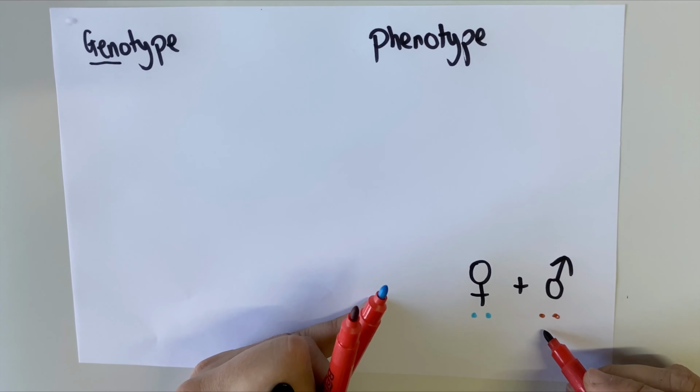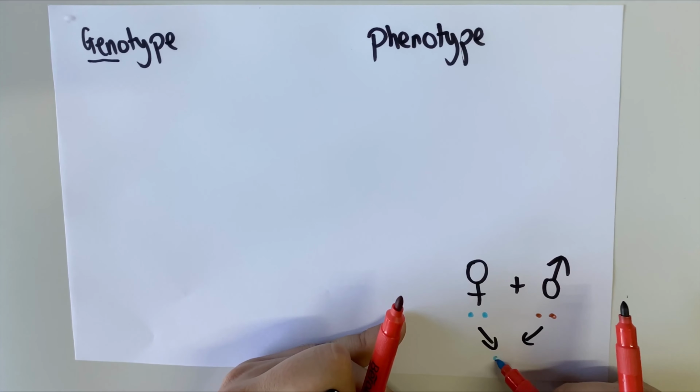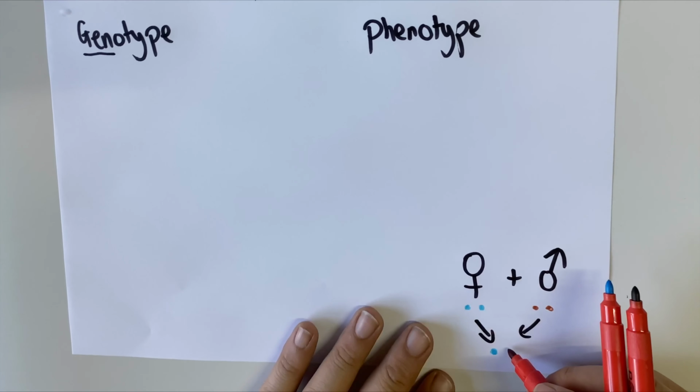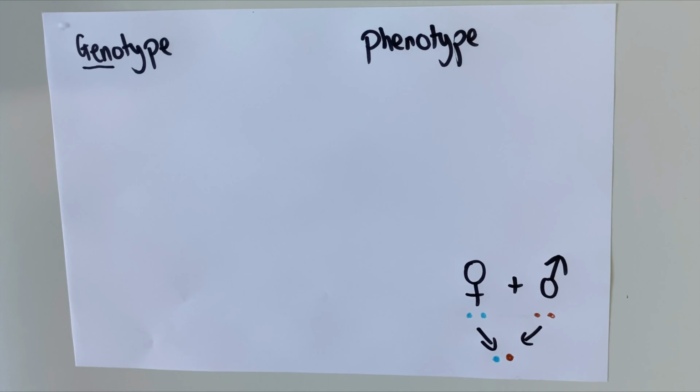They made an offspring which had 1 copy of the blue-eyed gene and 1 copy of the brown-eyed gene, or 1 blue allele and 1 brown allele. Now, if you remember in that video when we talked about what genes do, we said they code for characteristics. I mentioned that some genes you can see, such as eye color, and some genes you cannot see, and I gave the example of blood type.